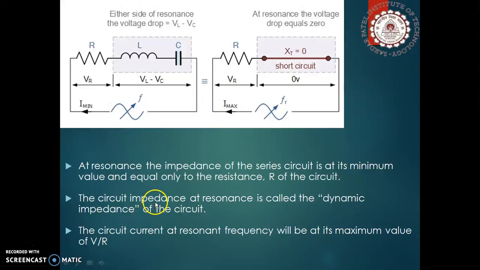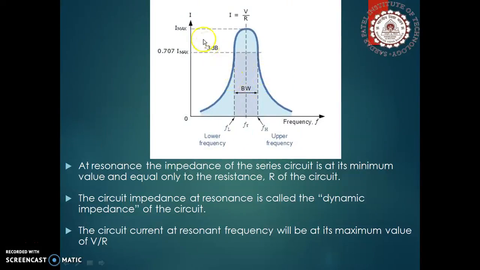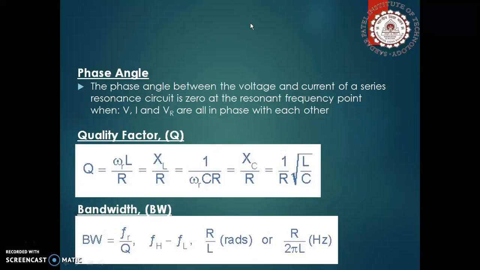The circuit impedance at resonance is called the dynamic impedance of the circuit. The circuit current at resonant frequency will be at its maximum value of V by R, since the impedance is minimum, and this is the plot of current against frequency. We can see that at resonant frequency the current becomes maximum, since impedance is minimum.